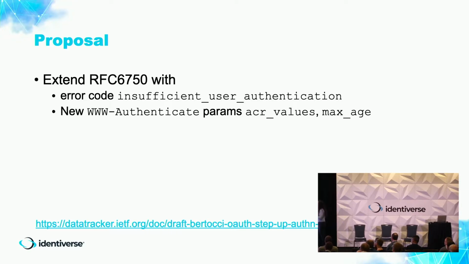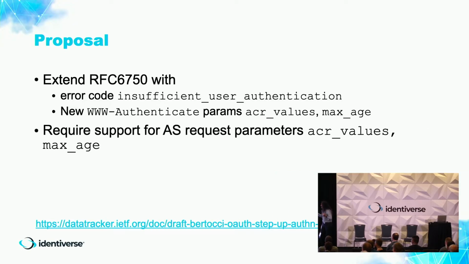And we introduce a couple of parameters which we can return as part of the error, which express what the resource server needs from the client so that it can actually authorize the request.